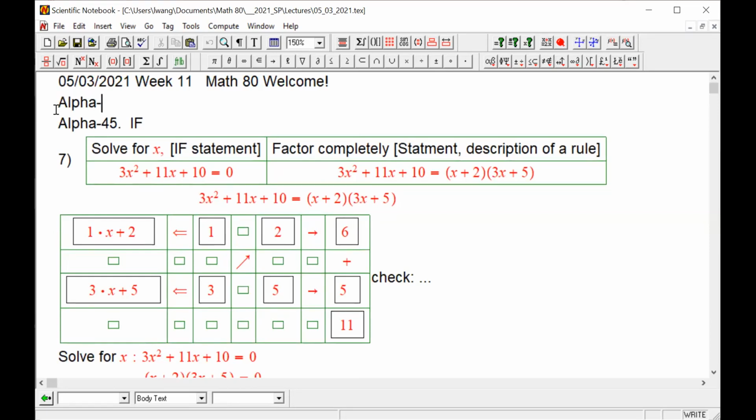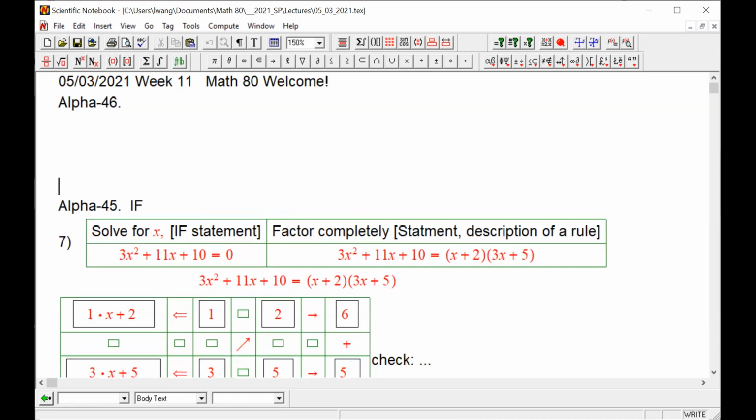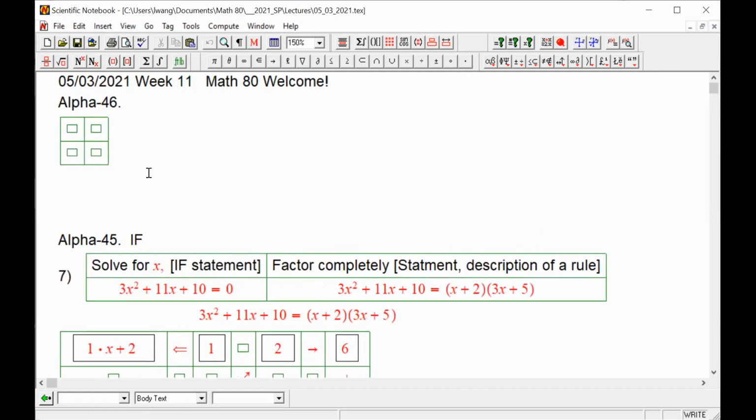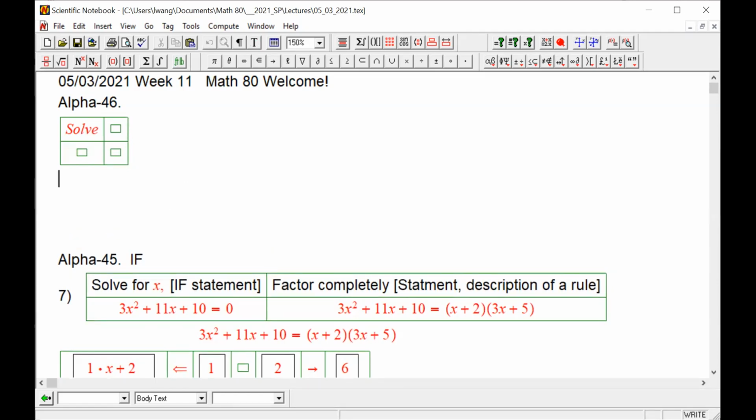So alpha 46 is really the same scenario. I set it up like solve for x. That was alpha 45. So that's your homework. I trust you can do it.